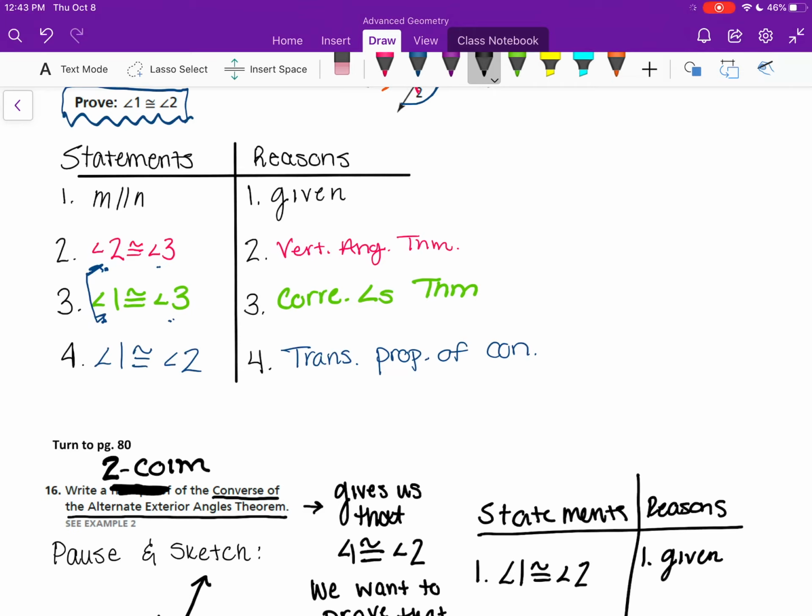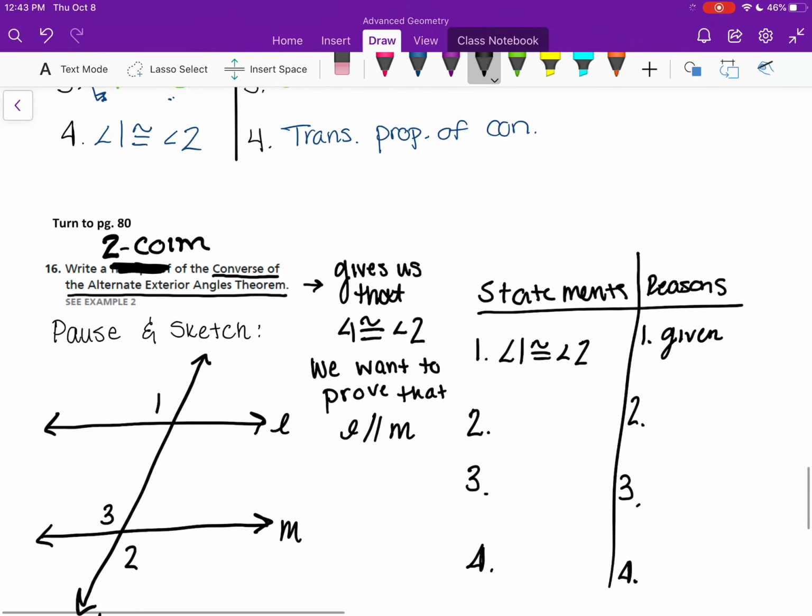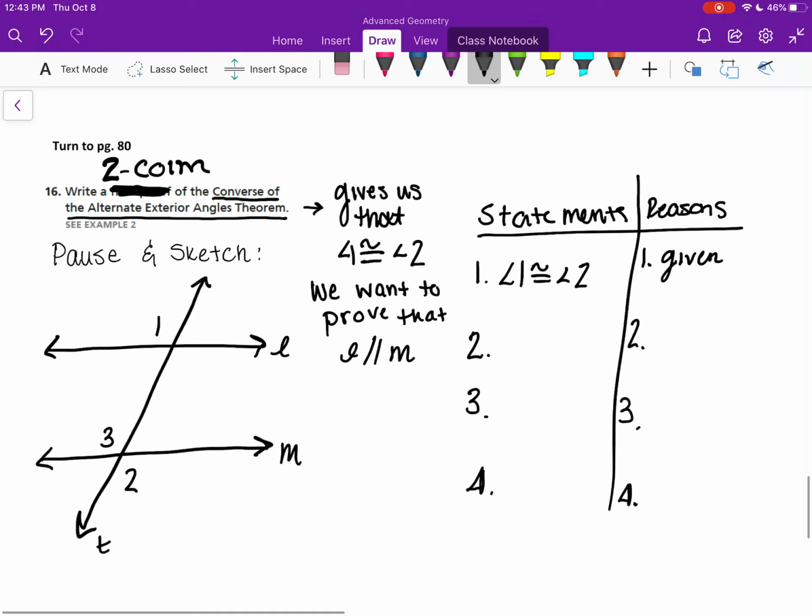So we first have to remember what the converse of that theorem tells us. And the converse says if angle 1 is congruent to angle 2, then the lines are parallel. And we're going to prove that.